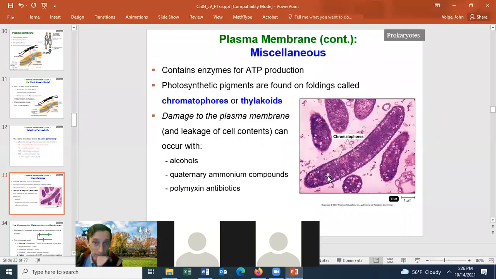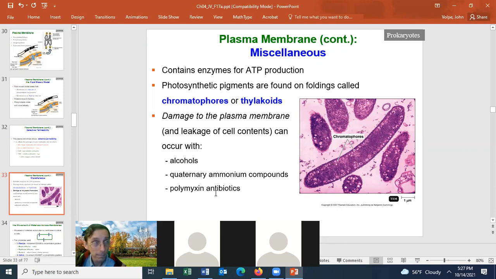So that's what thylakoid is. And that's where the photosynthetic pigments are. If you damage the plasma membrane, that will have the cell contents leak out of the cell and will kill the cell. You can damage the plasma membrane with alcohols, quaternary ammonium compounds, and one antibiotic, the polymyxin family of antibiotics.